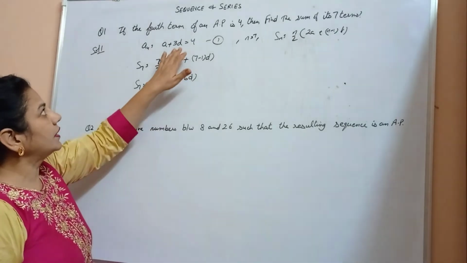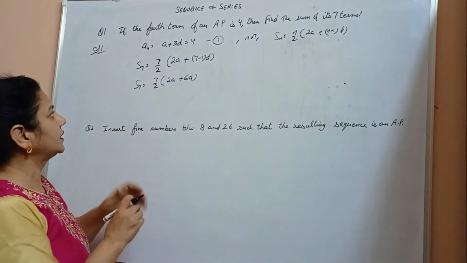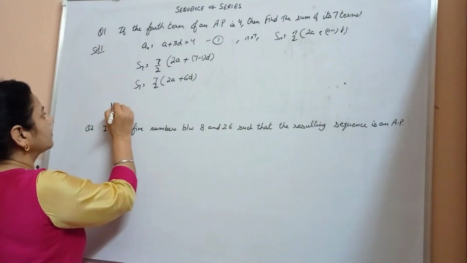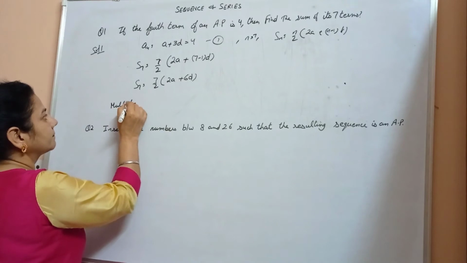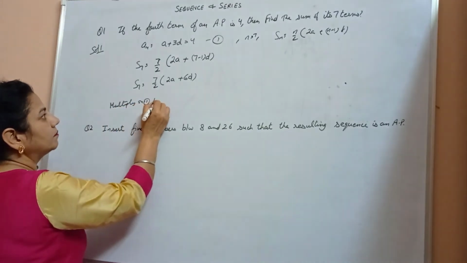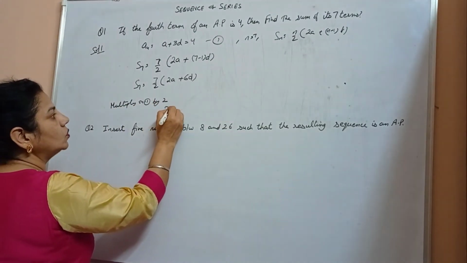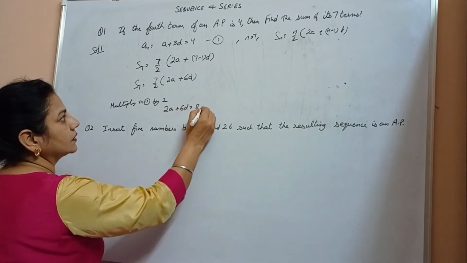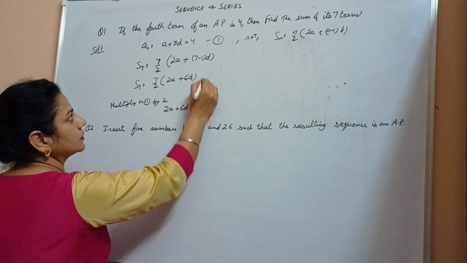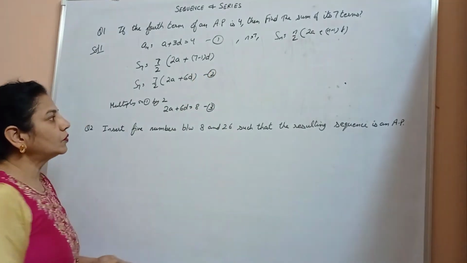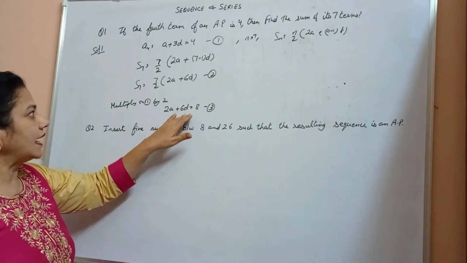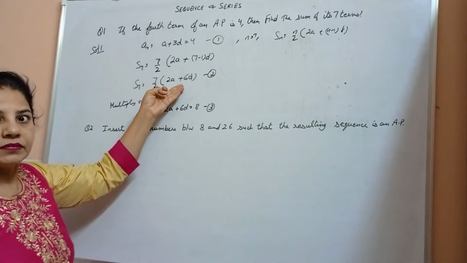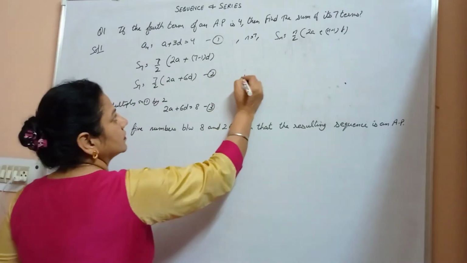From equation number 1, if I multiply equation 1 by 2, I get 2a plus 6d is equal to 8. This is my third equation. This is my second equation. Put the value of 2a plus 6d as 8 in the second equation.